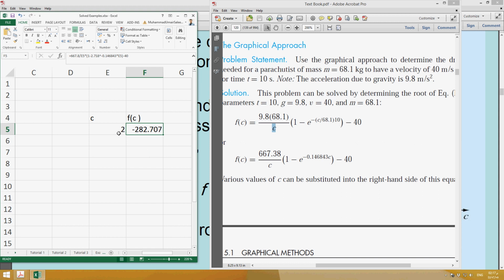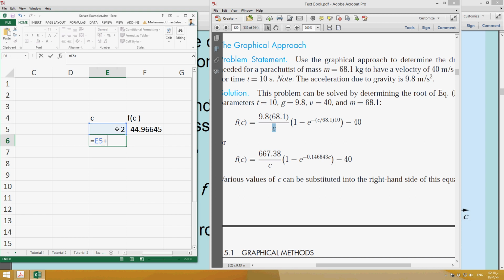Let me see if I made some mistake here. Yeah, if I just correct it, it is 44.96645. So this is the value of f(c) when c is 2, and then we can just increase this interval.